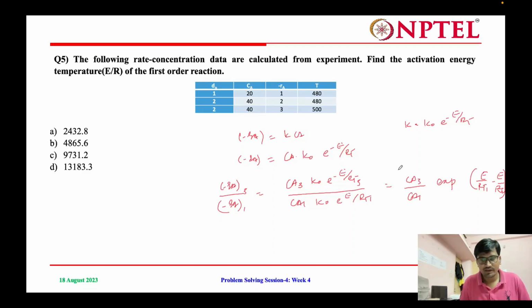Now put the values which are given in the table. So 3 by 2 equals 40 by 20 times exponential of E by R into 1 by 480 minus 1 by 500.